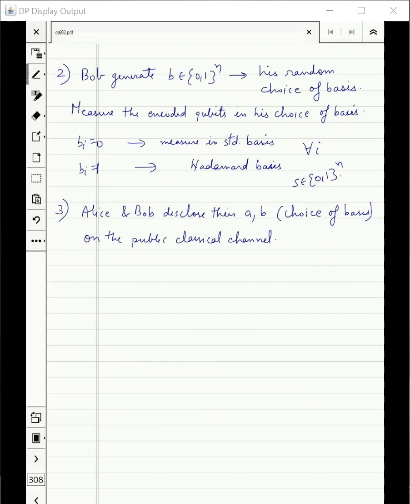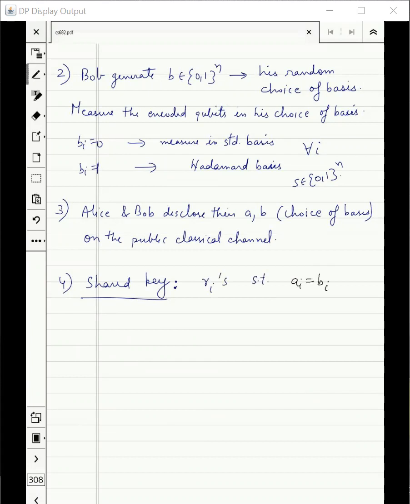It doesn't matter. Let's go with this, that both of them disclose their A, B. And then we wanted to get a shared key. Can you guess what will be the shared key? The indices on which A and B match or something like that. Right, very good. This is going to be the Ri's such that Ai is equal to Bi.